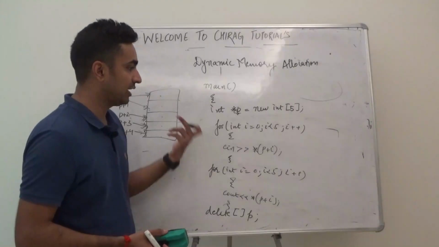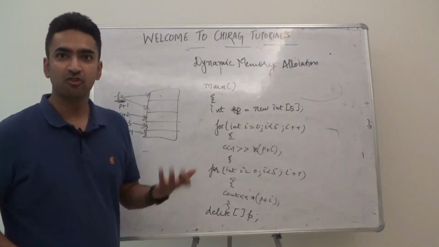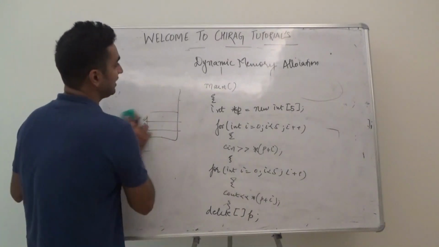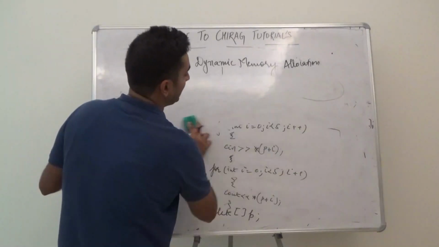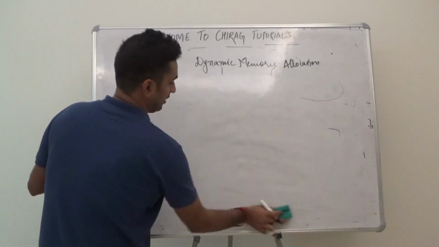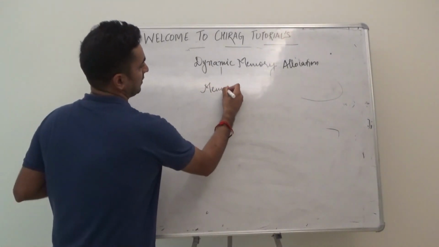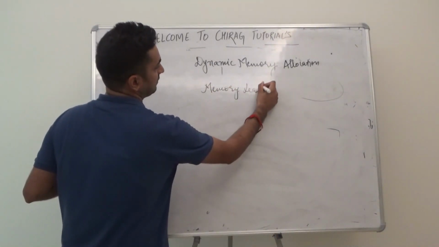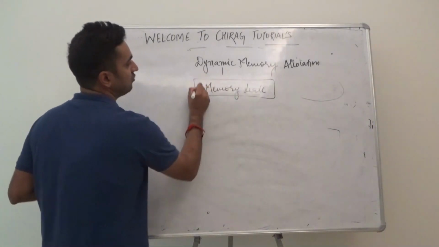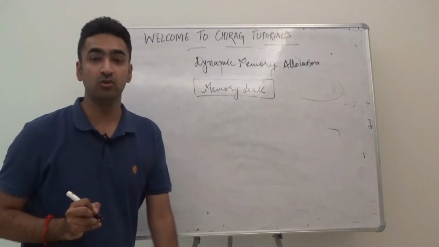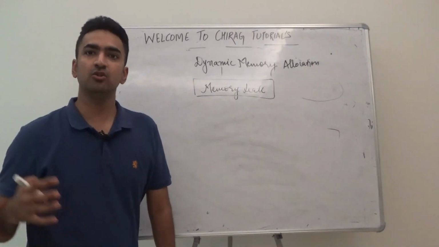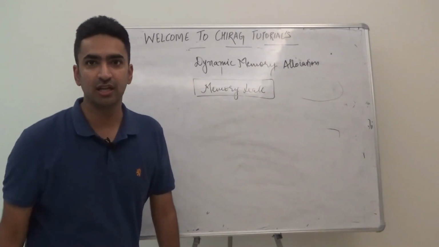There are many other concepts of dynamic memory allocation, like what a memory leak is. If someone asks us about a memory leak, we should know what it is all about. A memory leak is when you have allocated the memory but it is not deallocated.